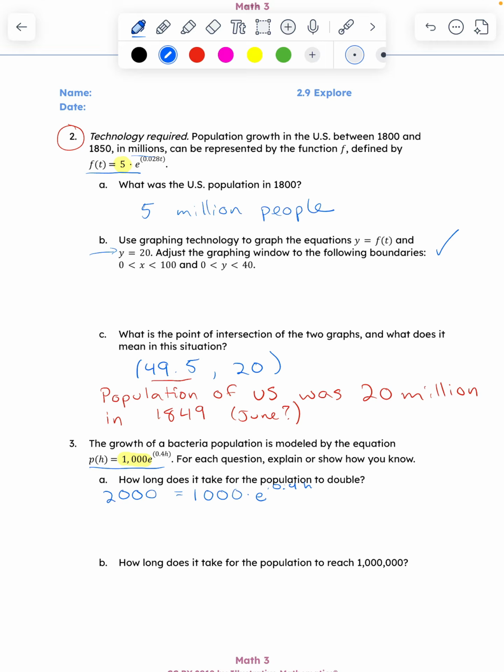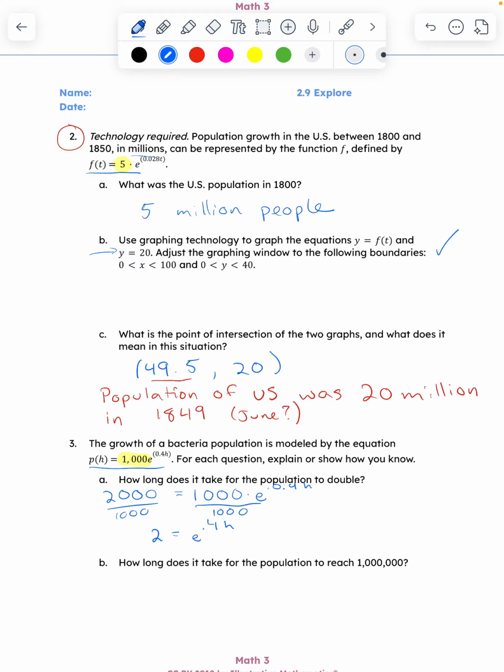Okay. Again, our first step, get rid of that 1,000. So we want to know, when is 2 equal to e to the 0.4h?